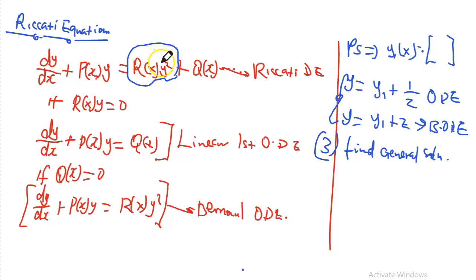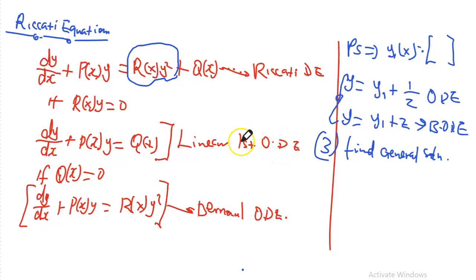So when we have any equation that is being raised to power 2 or 3, it is no longer a linear differential equation. So if we let the whole of this part r(x)y squared be 0, it means that our equation becomes a linear first order ordinary differential equation.